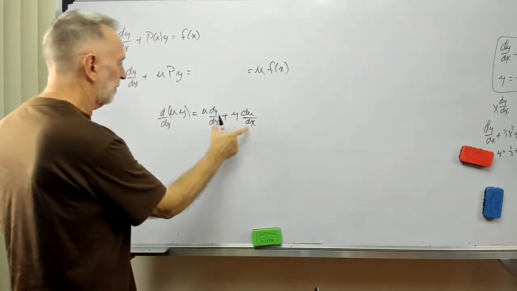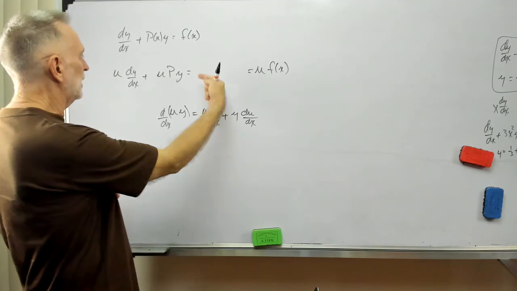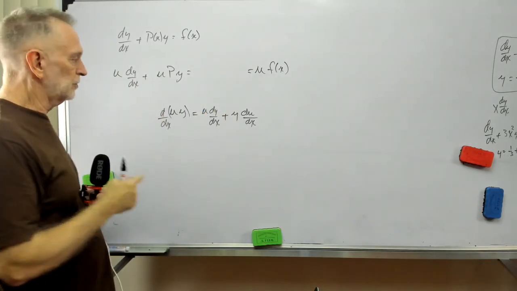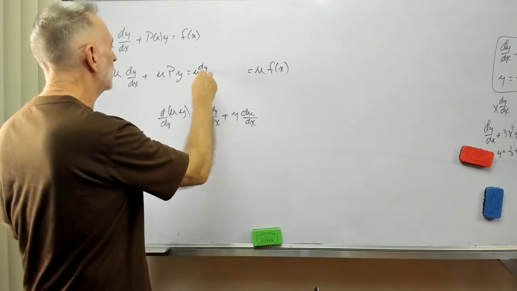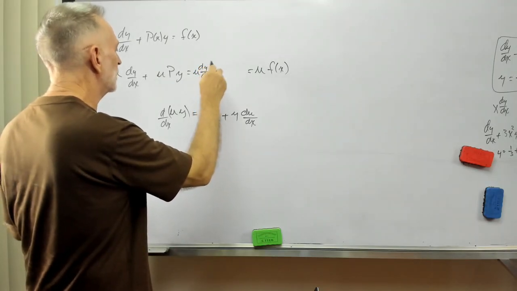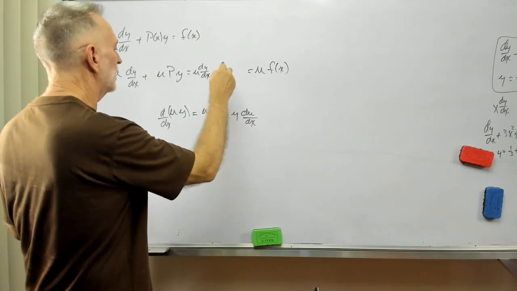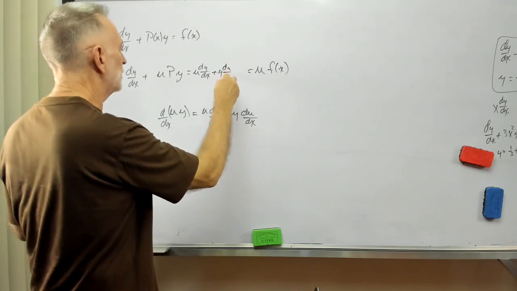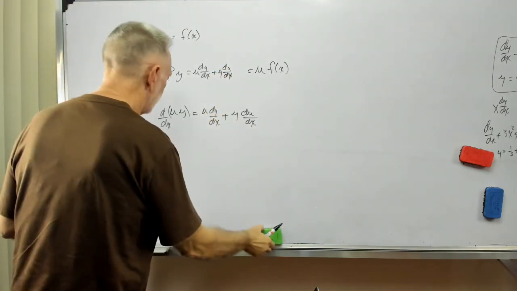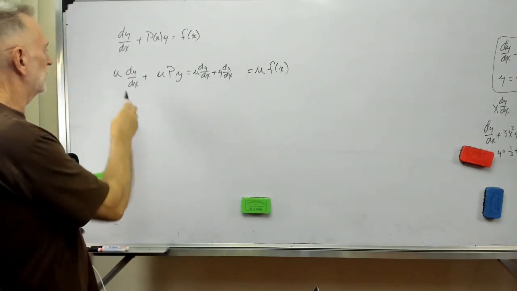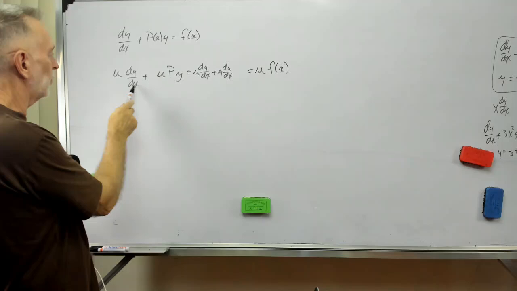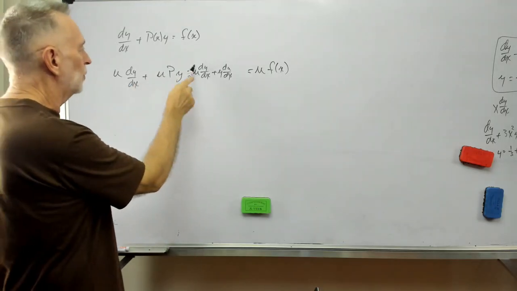If I take that and set it equal to the left side of this equation, u dy/dx plus u p y, you'll notice there's a u dy/dx here and one there.